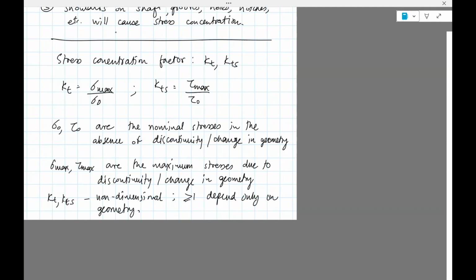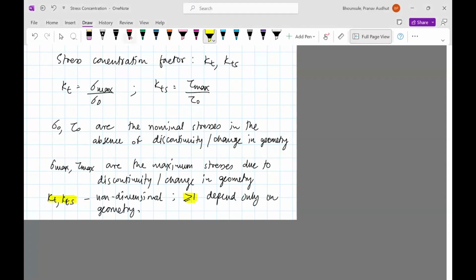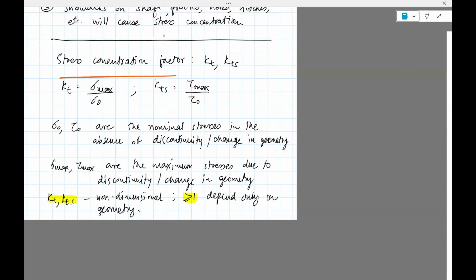So if KT is greater than 1 and KTS is greater than 1, then sigma max is greater than sigma 0, which tells you how severe the stress concentration is. If the value of KT is, let's say, 10, then the maximum stress would be 10 times the nominal stress, which is really bad for the design. It's probably going to fail if the loading increases.